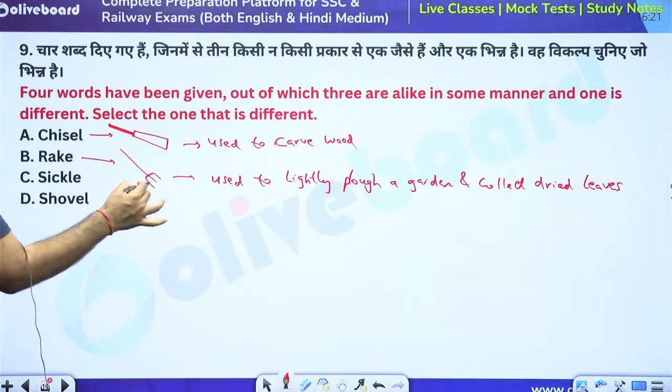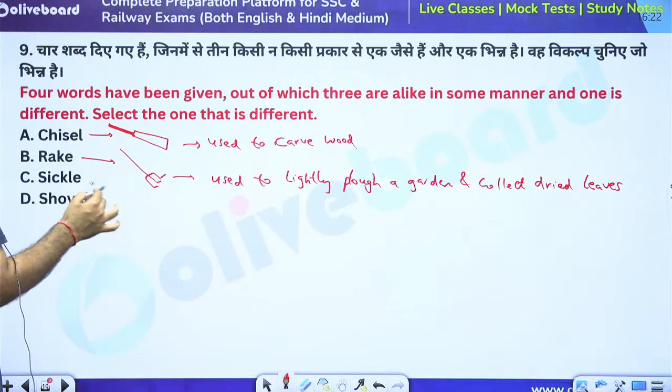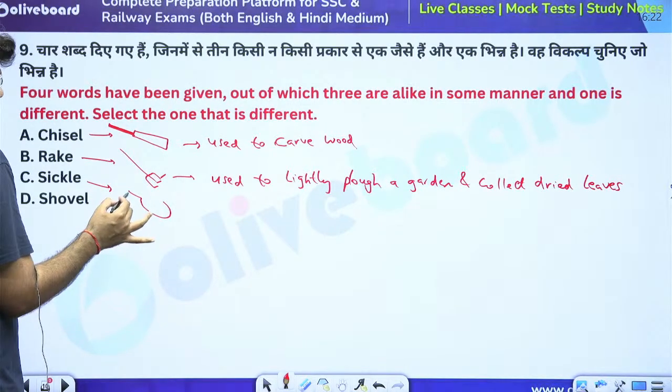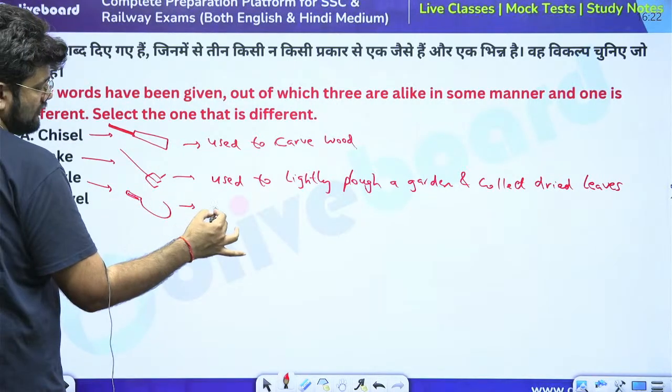Okay, this is often also folded like this. And a sickle again is something like this. This is a handle here, and this is a very sharp edge used in gardening.